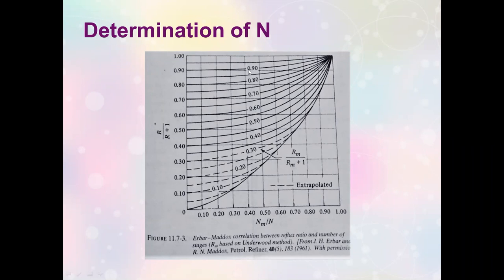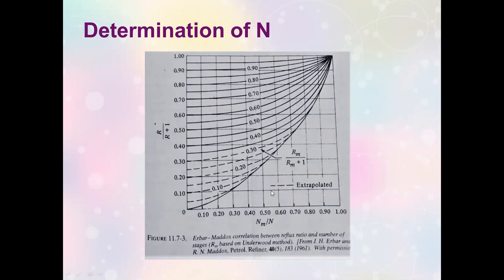In cases wherein the value is not exactly one of the curves that you are seeing here, you will simply approximate that particular curve, represented by the value of the ratio Rm over R plus 1. So you project the value of R over R plus 1 to the right, you end on the curve where it rests, and then you read downwards on the vertical axis the value of Nm over N.